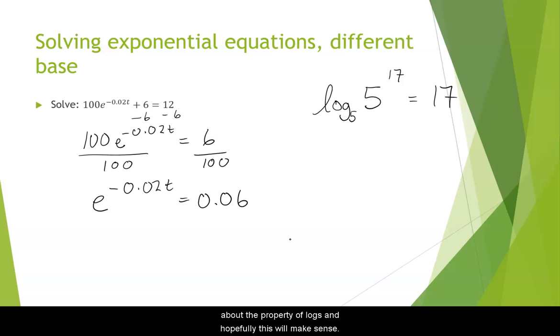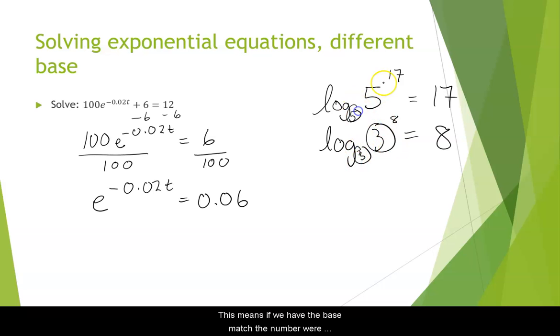Think about what you know about the property of logs, and hopefully this will make sense. So the log base 3 of 3 to the 8th just equals 8. This means if the base matches the number we're taking the logarithm of, it just is 1. And so it makes the computations easier.